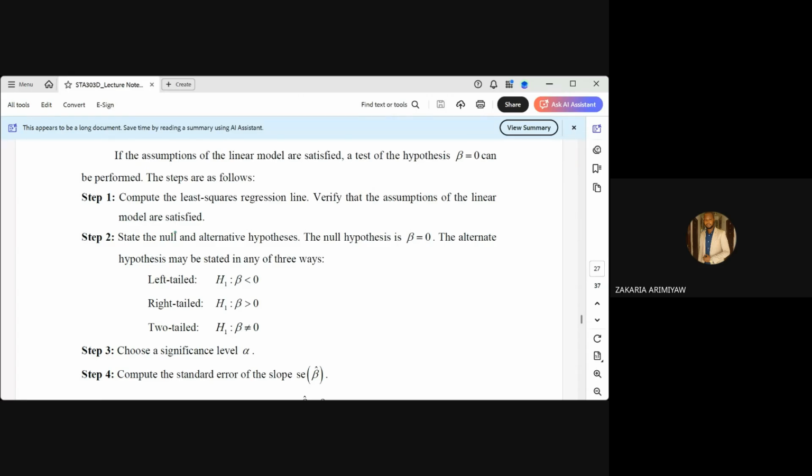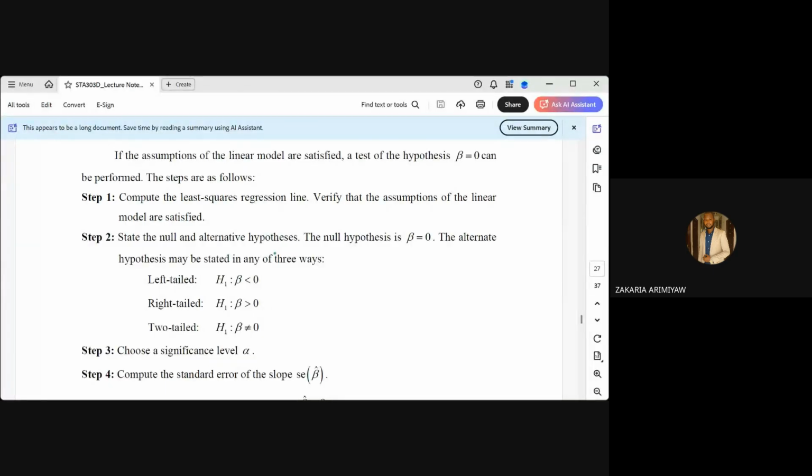In testing for significance, we specify the hypothesis, and the null hypothesis is that beta is equal to 0. If you say beta is equal to 0, you are simply saying that there is no relationship between x and y. In other words, you can say that the variable x is not useful in predicting y, or that the coefficient of the predictor variable is not significant, or the coefficient of the predictor variable is 0.